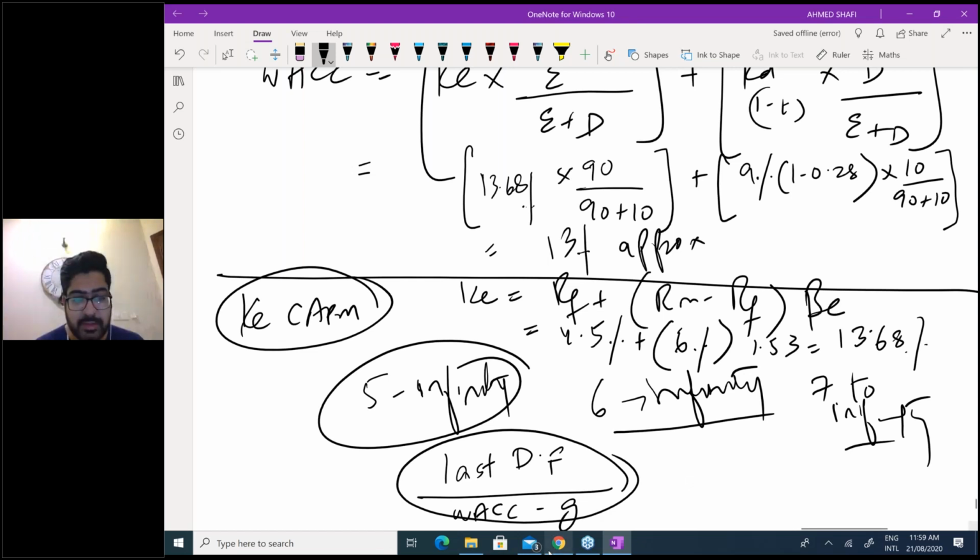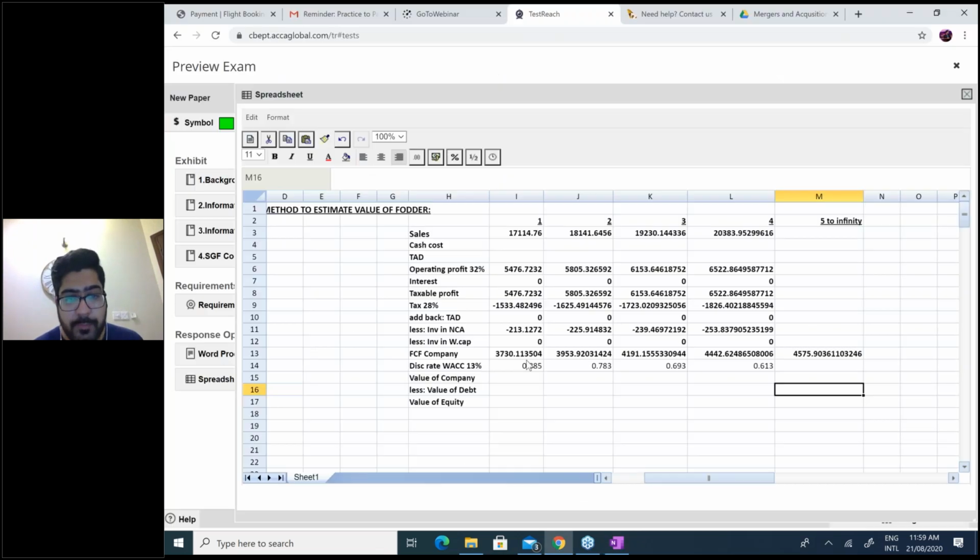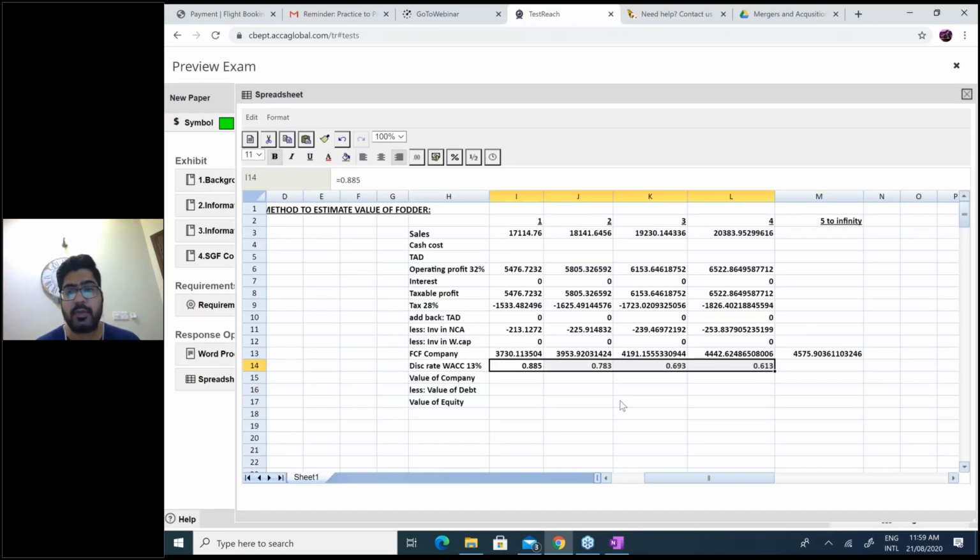We got the factors of year 1, 2, 3, 4 from the table, but for infinity we don't have the factors in the tables, so we apply this formula.